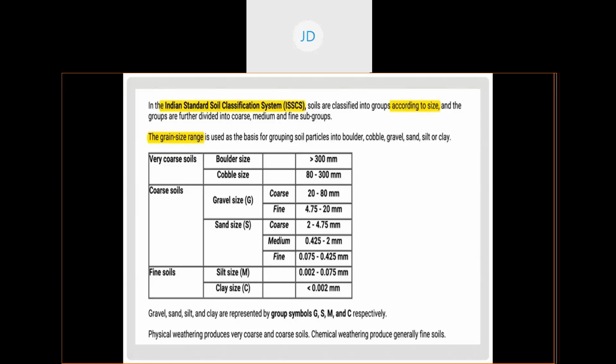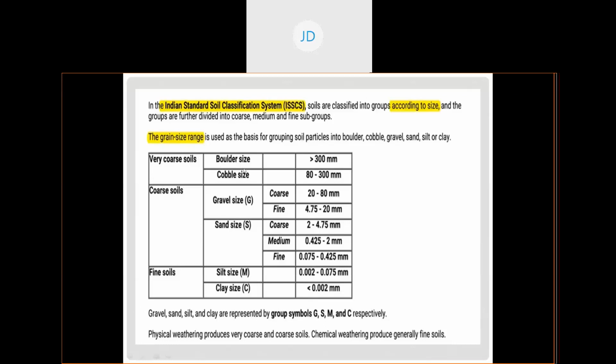Here this classification is given in a tabular format. If you give attention here from bottom to top, the first column represents the soil type, and the second column represents the name of the soil.